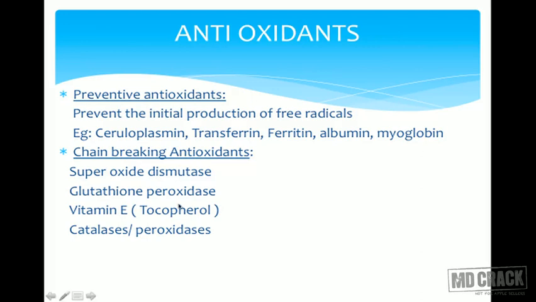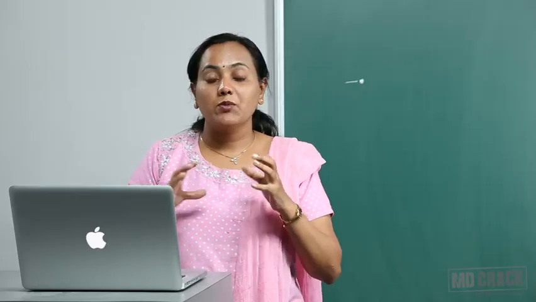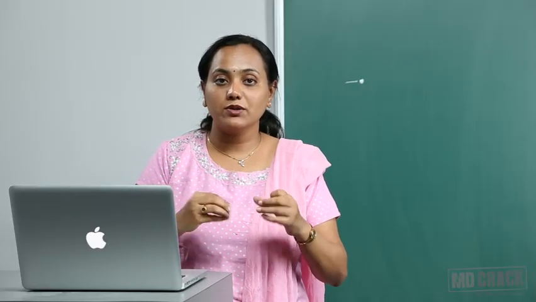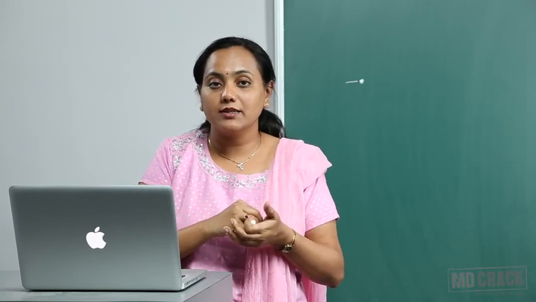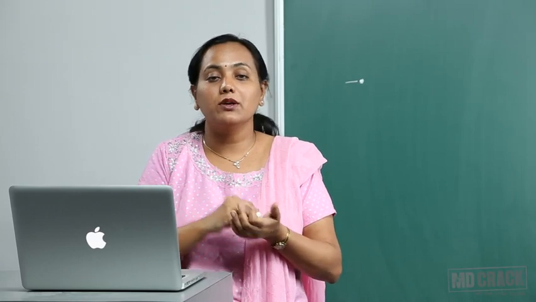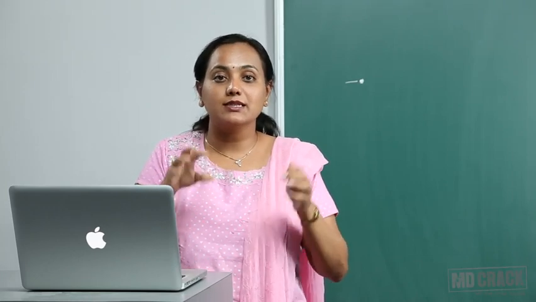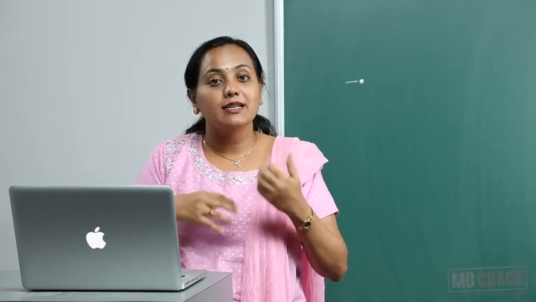Now before we go further, these antioxidants have also been classified as enzymatic antioxidants and non-enzymatic. Remember, free radicals are produced everywhere, whether it is in the mitochondria, the endoplasmic reticulum, the lysosome, the peroxisome, or the nucleus. And everywhere the distribution of these antioxidants is necessary, and everywhere these enzymes are needed.